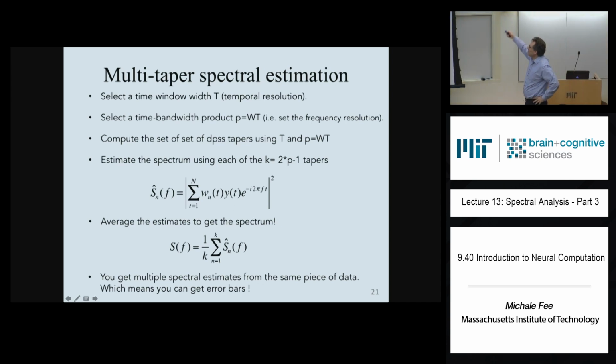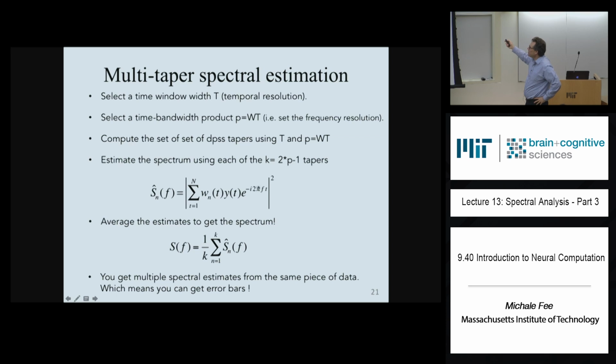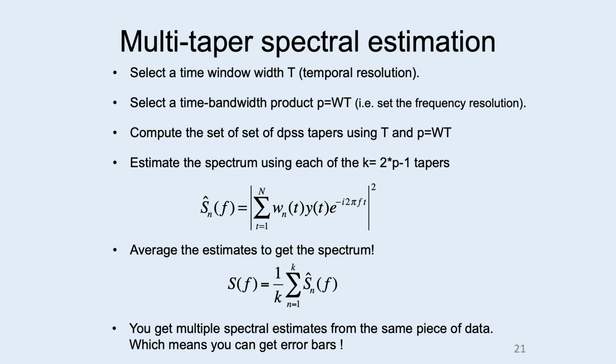This is a representation of the Fourier transform. You sum over all the time samples. This you will just do as a fast Fourier transform. Okay, so you'll take the data, multiply it by this taper function, which is the Slepian, and then do the Fourier transform, take the square magnitude. Just want to make sure that we've got the basic idea.